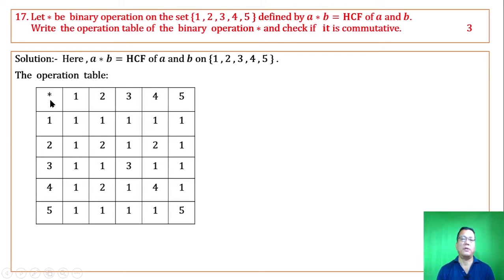The operation table is asterisk with 1, 2, 3, 4, 5 along both axes. 1 asterisk 1 is 1, 1 asterisk 2 is 1, 1 asterisk 3 is 1, because the HCF of 1 and any number is 1. 2 asterisk 1 is 1, 2 asterisk 2 is 2, 2 asterisk 3 is 1, 2 asterisk 4 is 2, 2 asterisk 5 is 1, and so on for the operation table.